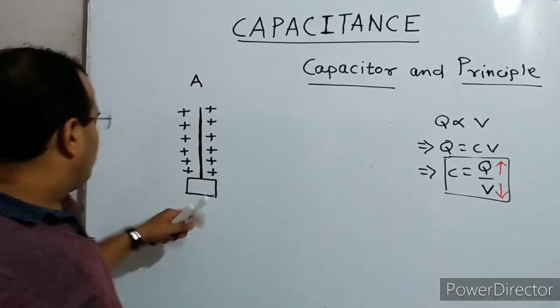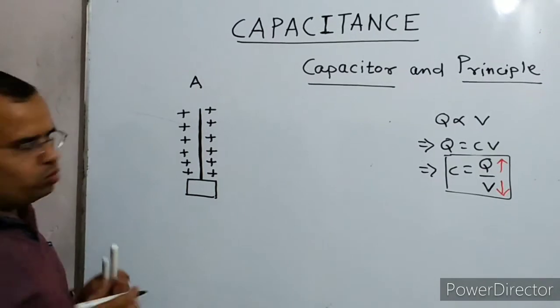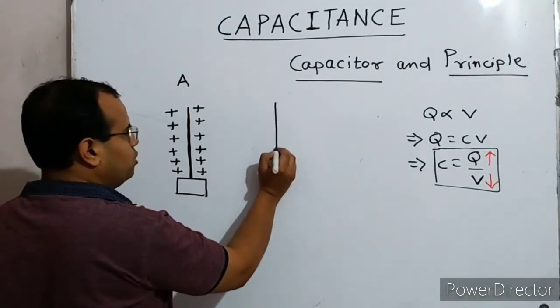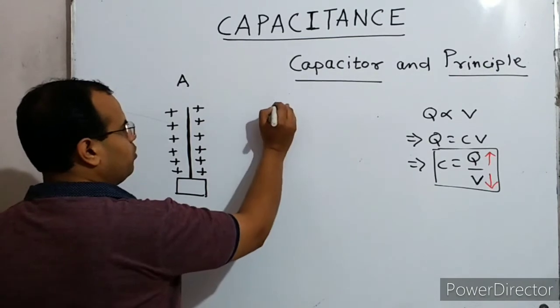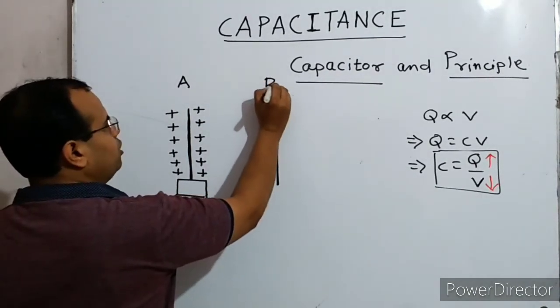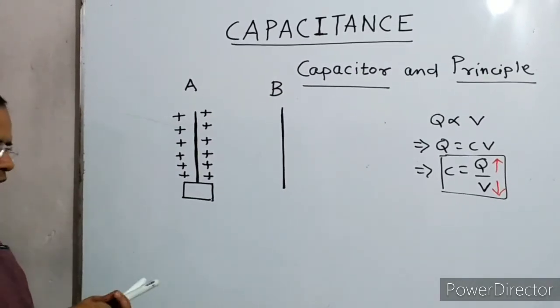Now beyond this, if you want to increase the capacitance, you bring another metallic plate, B, near plate A. When you bring this, what will happen?